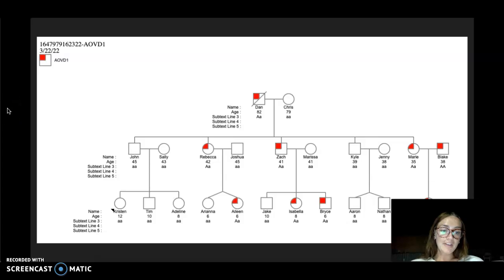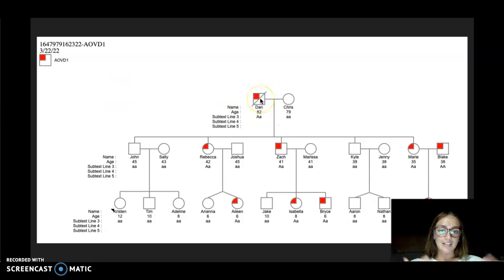Now, specifically, this Notch1 gene does affect the aorta from some of the research as well, and it also is known to affect what is known as aortic valve disease 1. And as you can see here within my pedigree, you can really see that this is obviously an autosomal dominant gene.